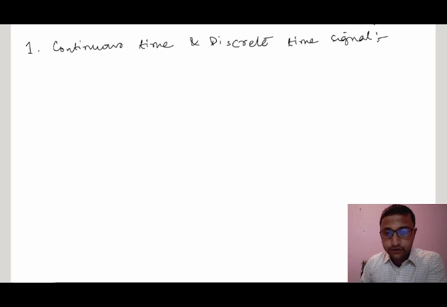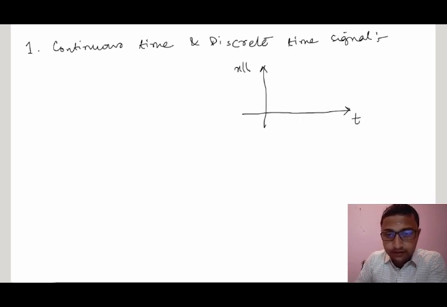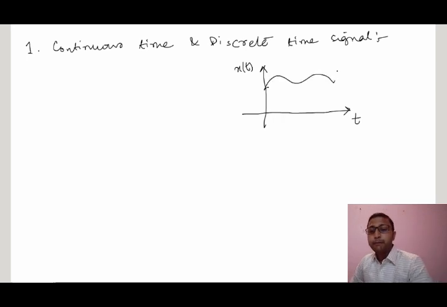Suppose this is a continuous time signal, this is the time axis, the x axis, and this is the signal x(t). So this is an example of a continuous time signal. That means in each and every point, if I mark this is a point, this is a point, this is a point, these are the points on the curve.